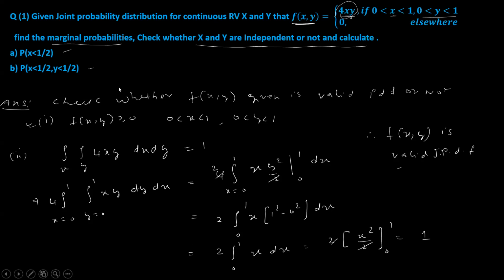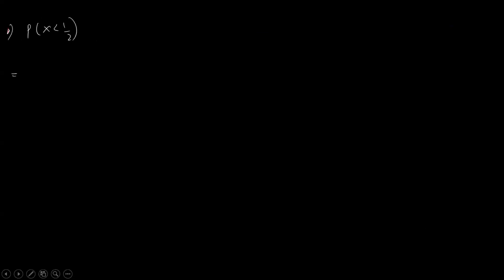What is the probability of x less than half? How will we calculate this? Can you tell me what is the limit of x you will get here? And what is the second question? This also I will take: the probability of x less than half and y less than half. Okay. Second, probability of x less than half, comma, y less than half.